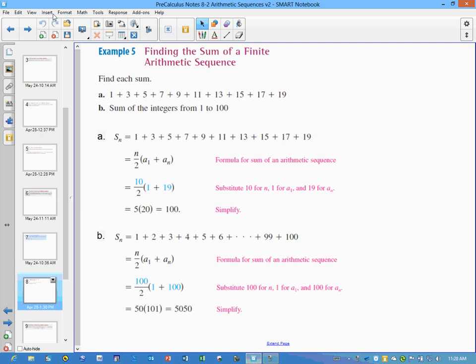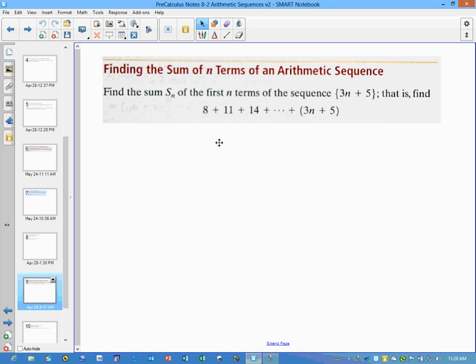Alright, next we're going to find the sums of the n terms of an arithmetic sequence. And here we're going to look at the sequence that has this general term, 3n plus 5. From n being 1, our first term would be 8, because 3 plus 5 is 8. And we want to find a way to express the sum no matter how far we go in the sequence.